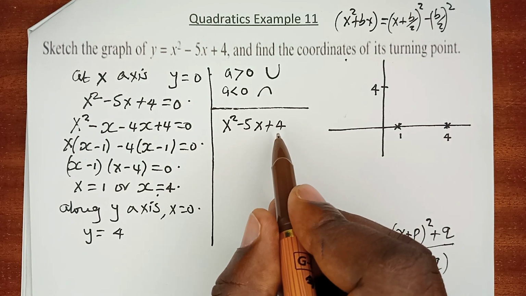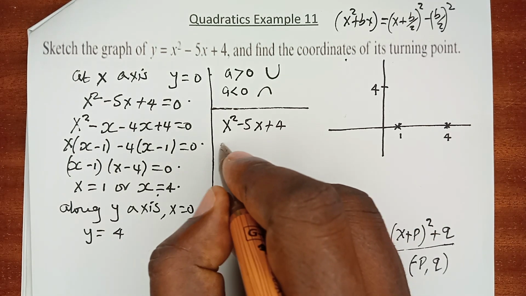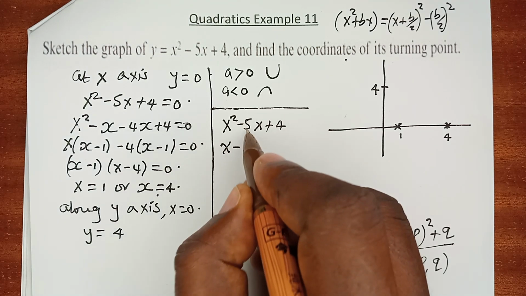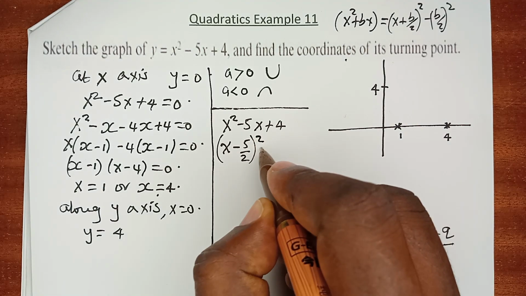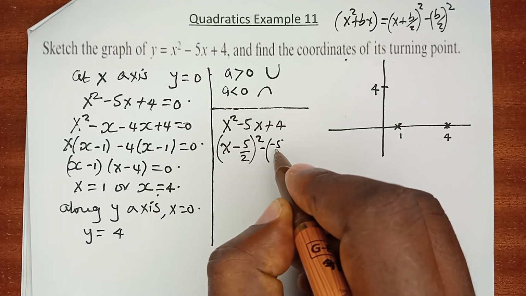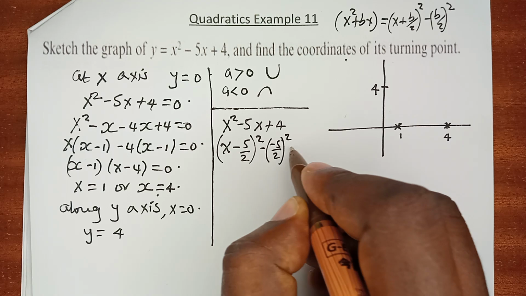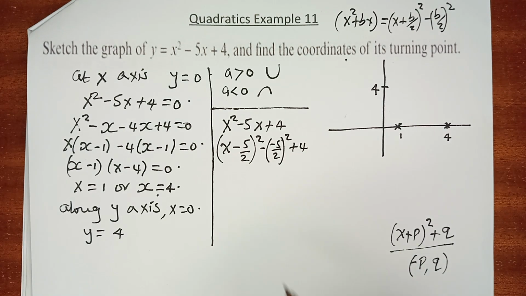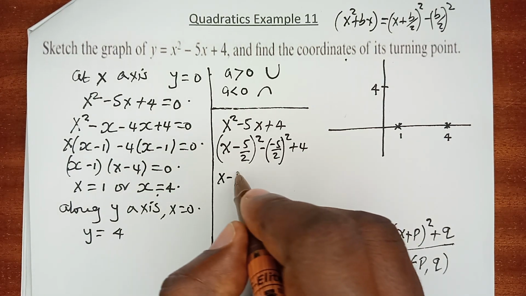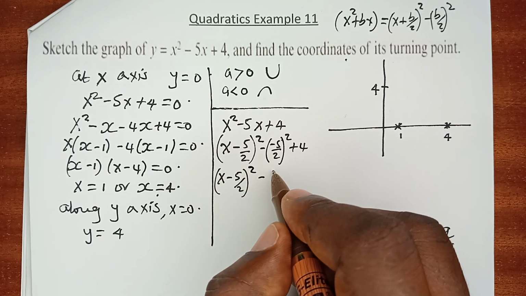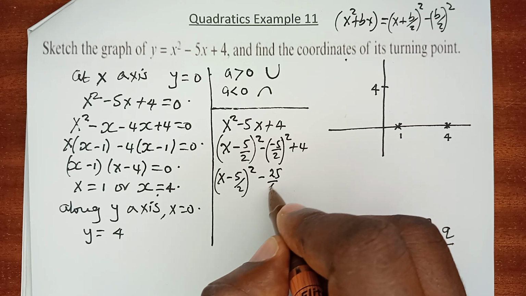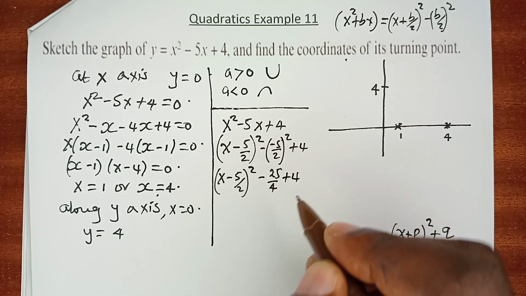The constant is not disturbing us, so we have x minus, this is our b, 5 over 2 squared minus 5 over 2 squared plus 4. And we have (x minus 5 over 2) squared minus 25 over 4 plus 4.